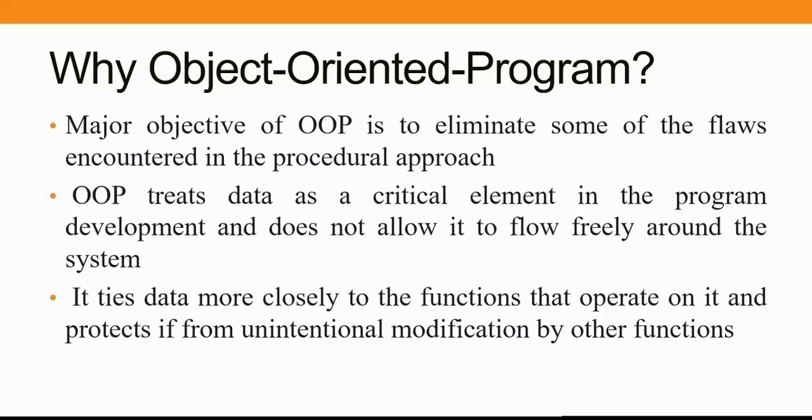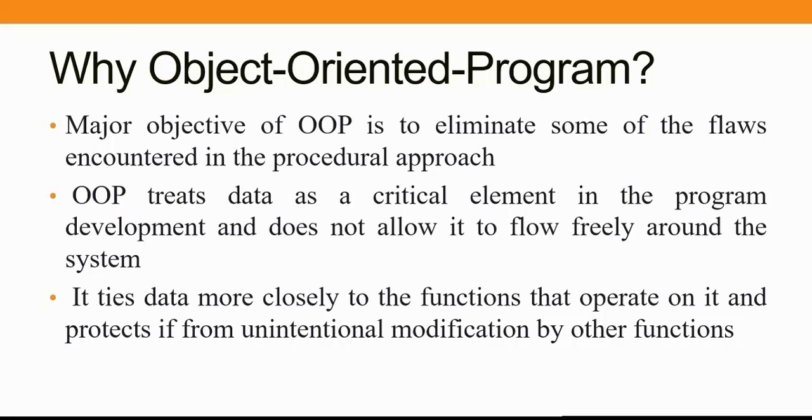For example, programming with C, a C program. A C program is not object-oriented programming, where we don't use classes and objects to implement the program. There we just use procedures. C programming is procedural programming. Now object-oriented programming is the next level. Maybe I would say it's the next upgrade of procedural programming.